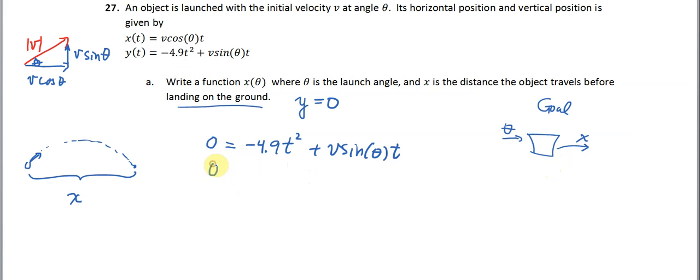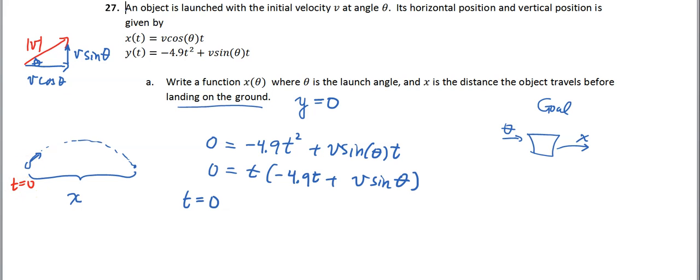So solving this, we can factor t out of the equation. That gives us t times negative 4.9 t plus v sine of theta. Okay, so this t right here gets factored out. We separate these two using the zero product property. We know that t equals 0. And that makes sense in the problem as well, because at the start, time is equal to 0 and the height of the object is equal to 0.